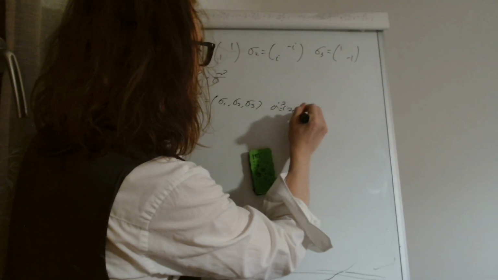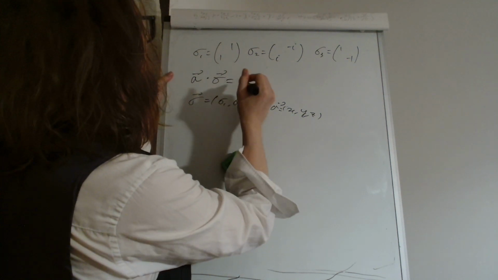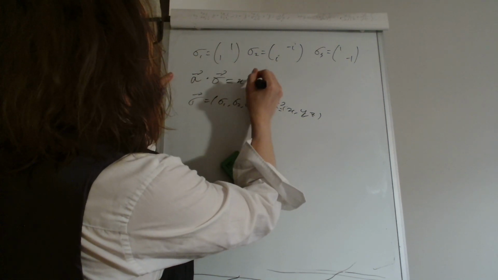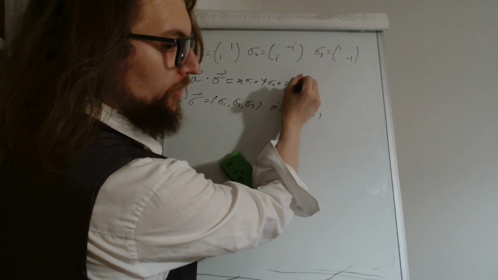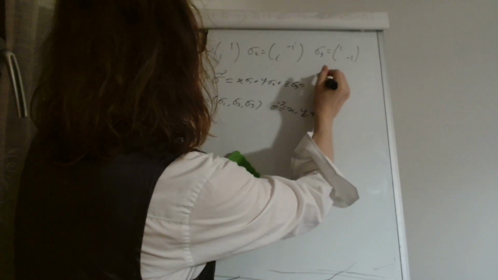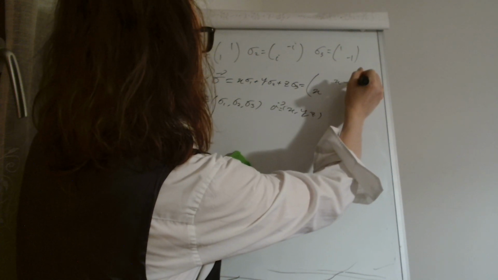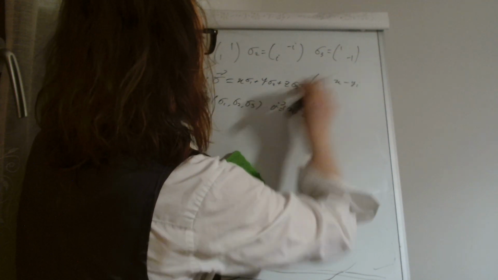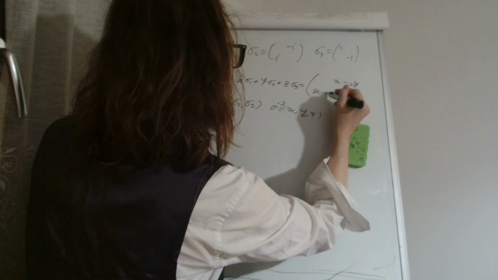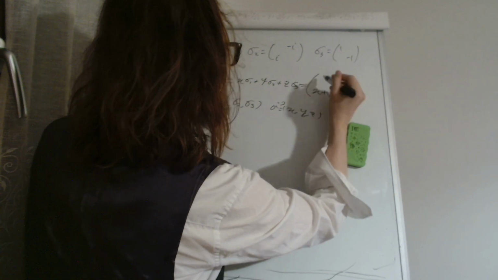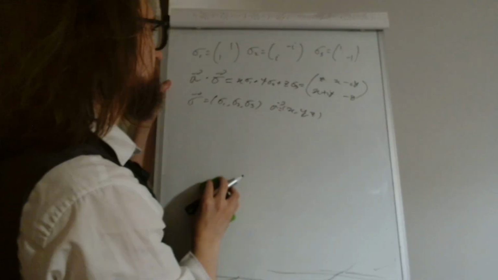We write it x, y, z, and so this would be x sigma 1 plus y sigma 2 plus z sigma 3, and this is the matrix with z, x minus iy, x plus iy, minus z.